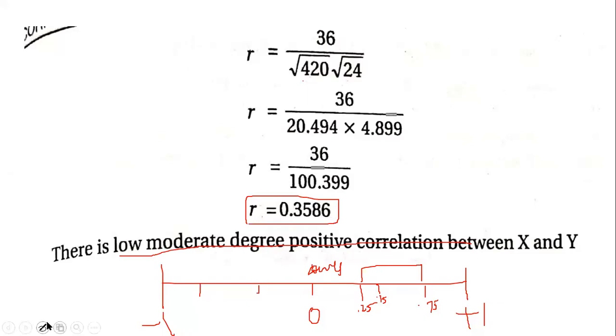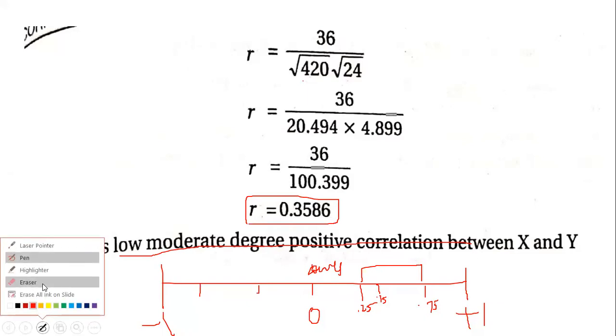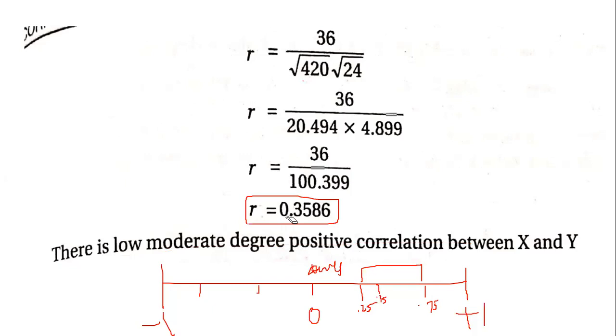It is positive correlation because the value of R, 0.3586, is positive in nature. But it is coming in between, so it is moderate correlation, and it is coming towards the first half of 0.25.